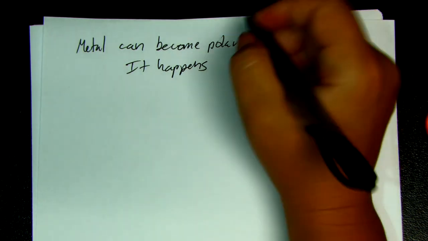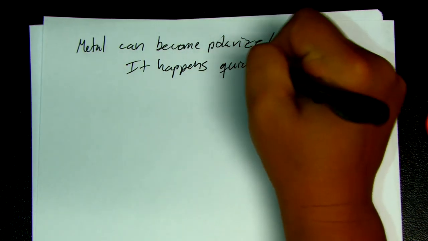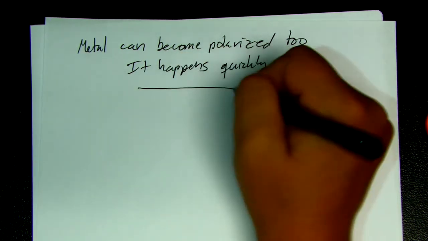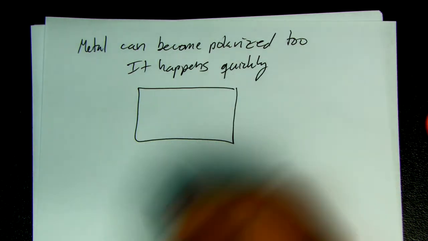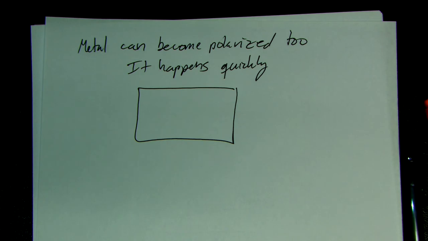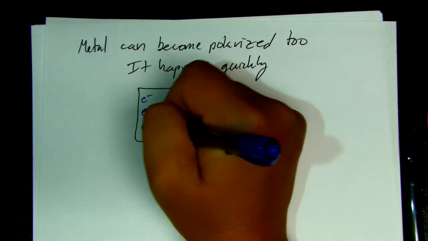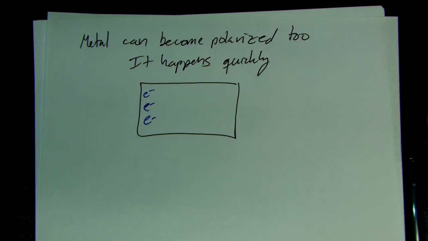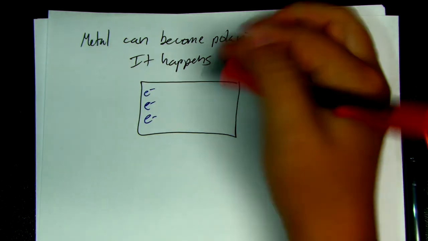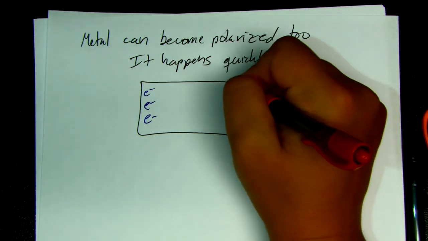What we have here is a separation of charges, but instead of the atoms becoming little dipoles, we have something else. Essentially the electrons go to one side and our little protons are on the other side.